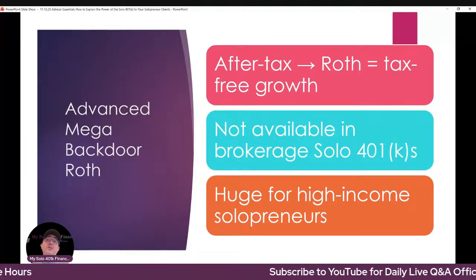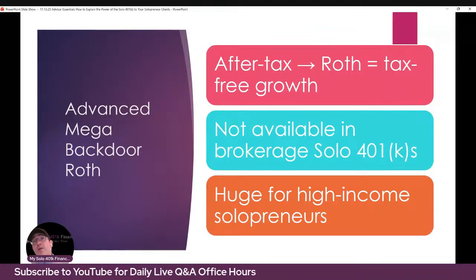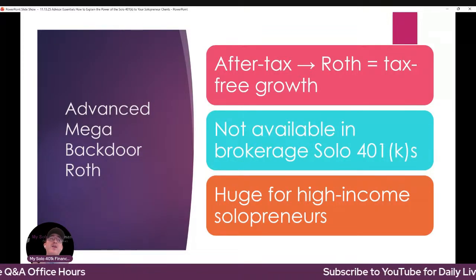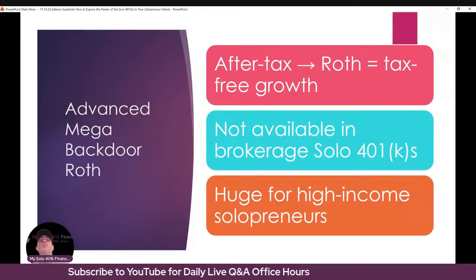It's also, of course, going to make sense to work with a provider like my Solo 401k Financial that has helped thousands and thousands of customers make mega backdoor Roth contributions because it is a specific technical process that you need to go through. It is that two-step process. You'll need to have a separate after-tax account before the funds are moved over to the Roth account.